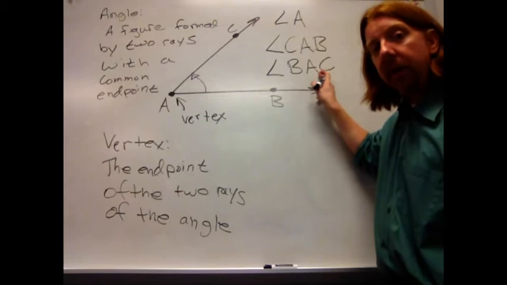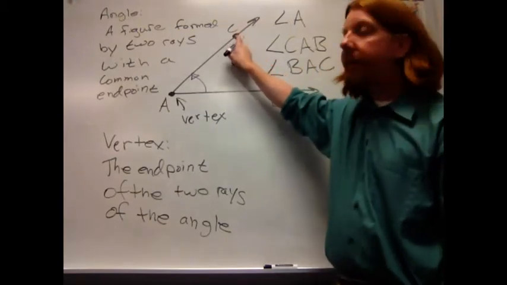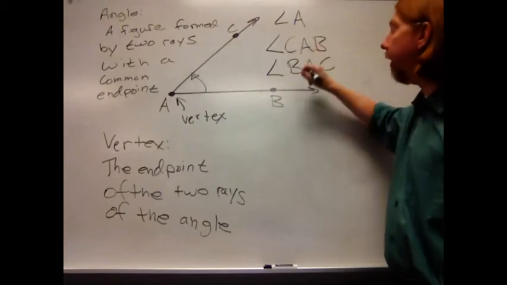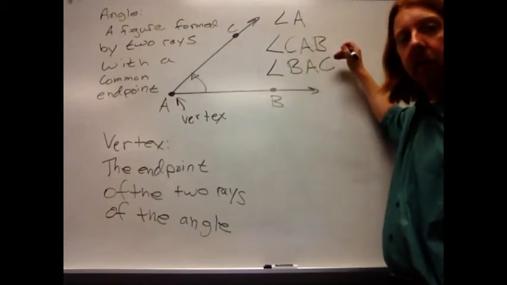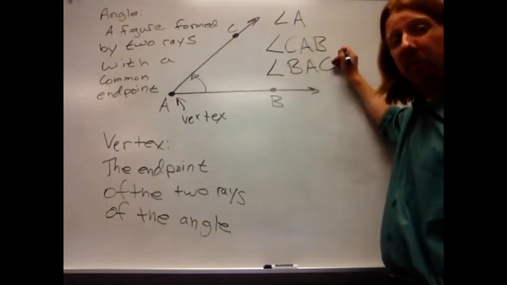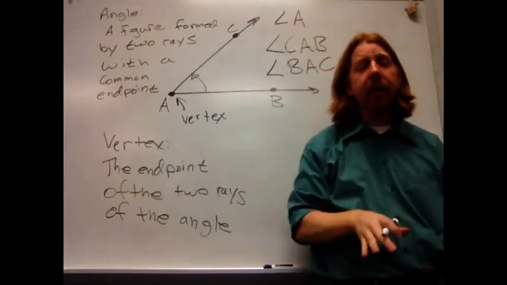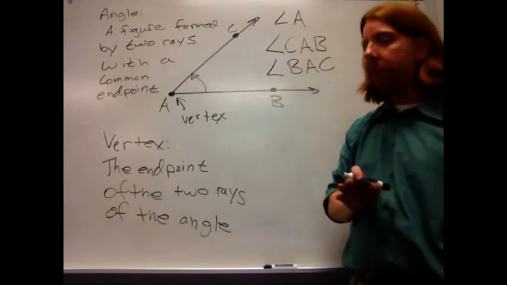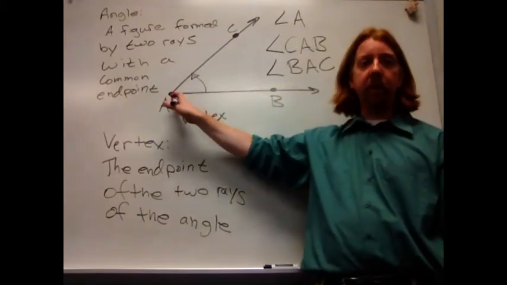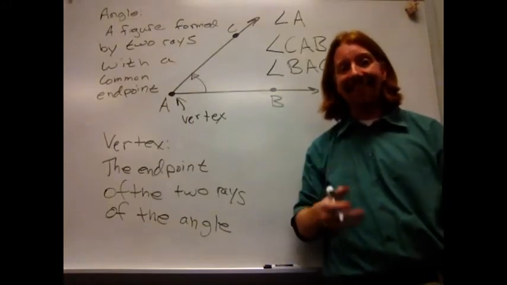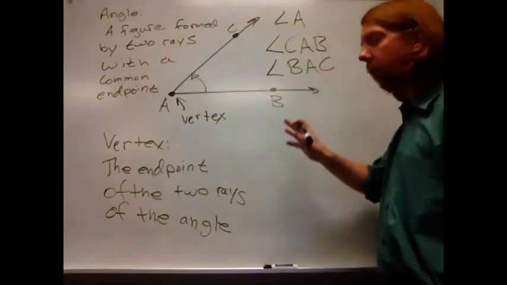We always name our angle by going side, vertex, side. So this particular angle has names CAB or BAC. You really want to avoid using angle A unless you're in a very big hurry with your writing, because very rarely do we have only one angle at a given point. We often have multiple angles all springing off the same point at the same time. So it's important to keep that in mind.